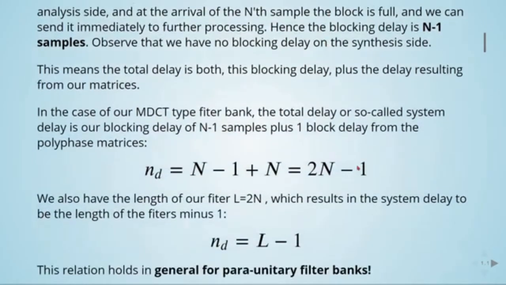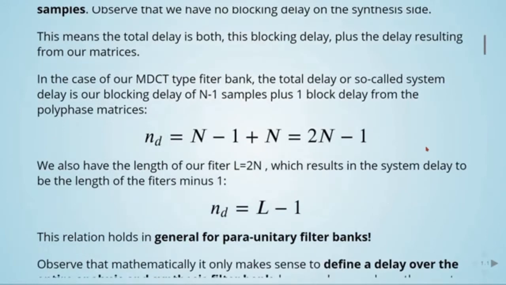This means that the total delay is both this blocking delay plus the delay resulting from our matrices. In the case of our MDCT type filter bank, the total delay, or so-called system delay, is our blocking delay of N-1 samples plus one block delay from the polyphase matrices, given here by ND.